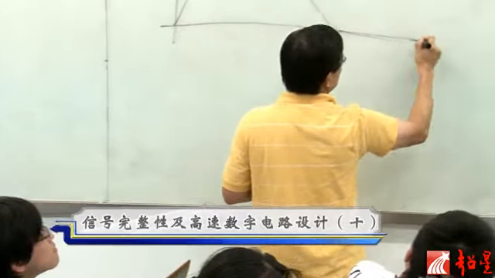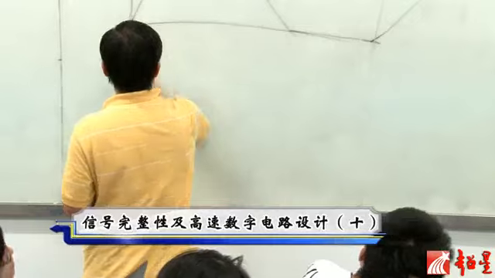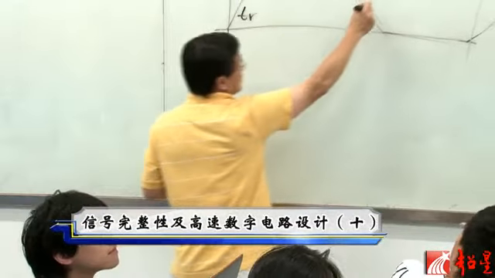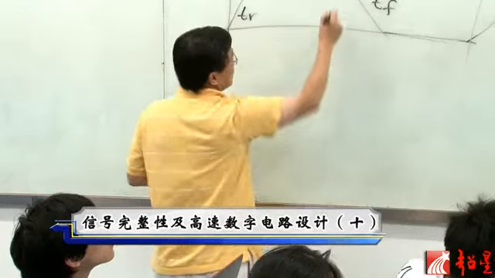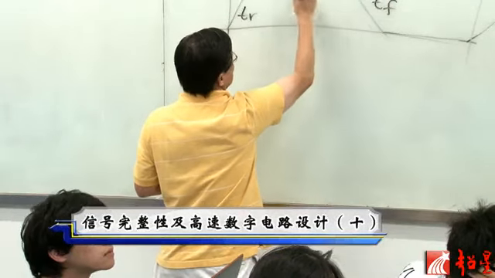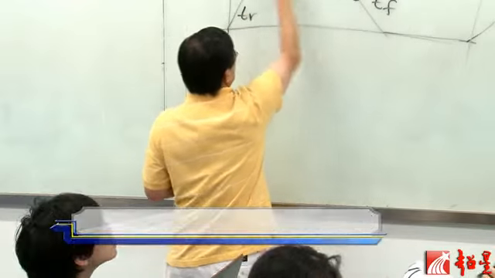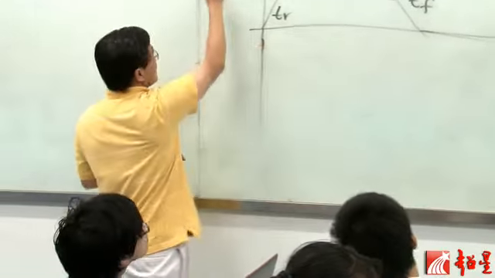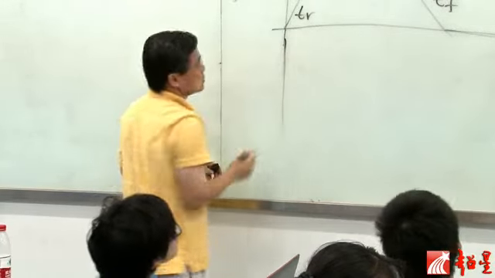We just need one period. This is t sub r, the rise time, this is t sub f, the fall time, and you have a tau and A. This is the function itself.